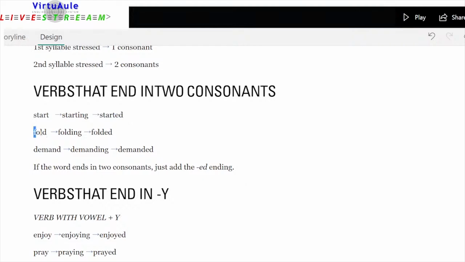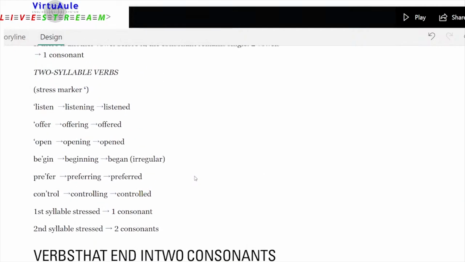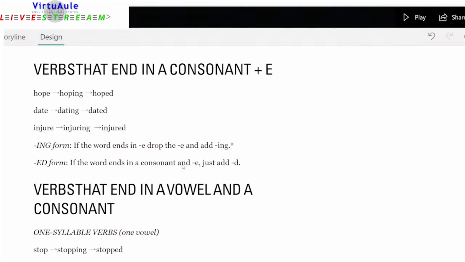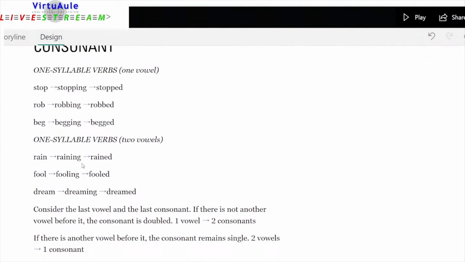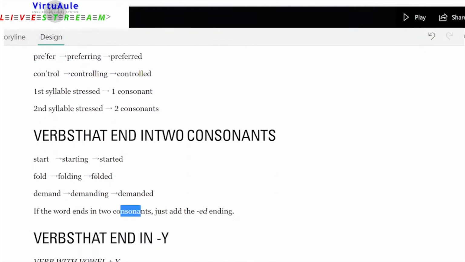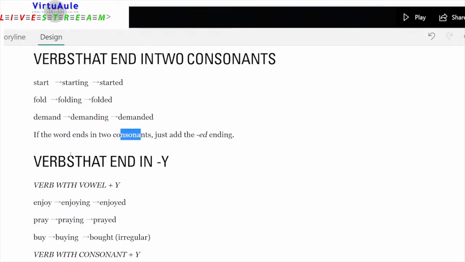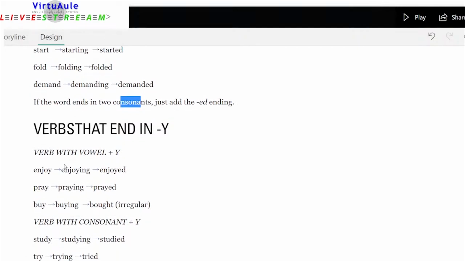Fold. You have two consonants, L and D, folding and folded. Demand, N and D, demanding, demanded. If the word ends in two consonants, just add the ing or ed ending. That's also the case with the one syllable, if you remember. So two syllables, two consonants, you just add the ed.